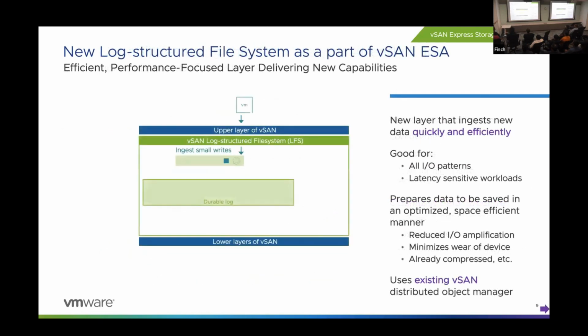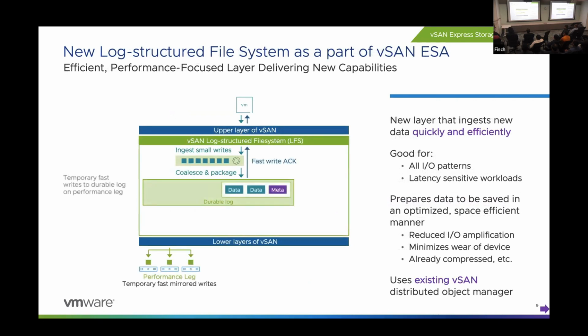The first one is the new log structured file system. I'll need some time to explain this. As soon as the data is ingested, it helps you ingest small IOs one by one, then combines them and writes a larger block.